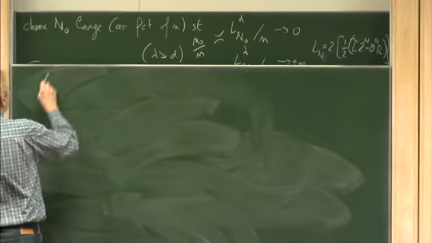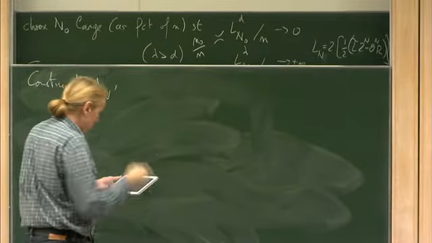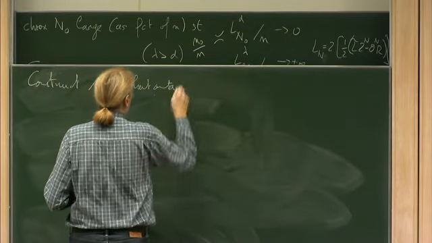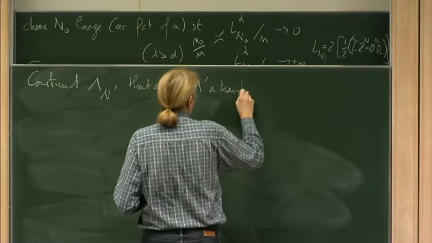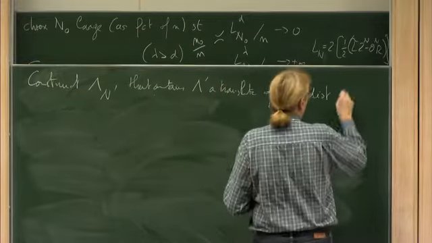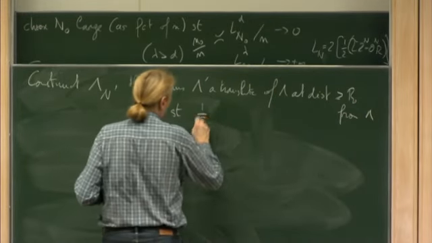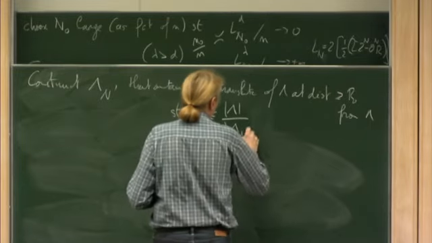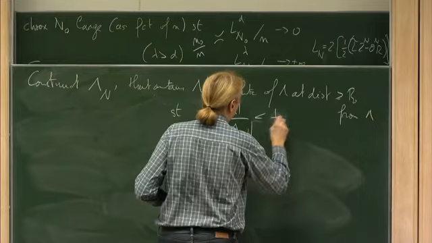what you do is we construct an admissible cube that contains lambda prime, a translate of lambda at distance larger than r0 from lambda, and such that this is going to be less than 1/2.